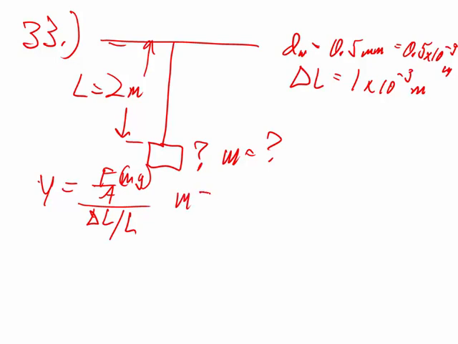If we solve it for mass, m is equal to the area, which is pi r squared, times Y times the change in L, divided by g times the original length. That's your final equation.